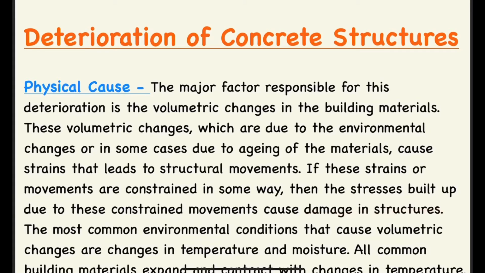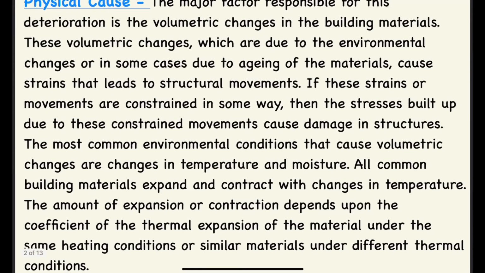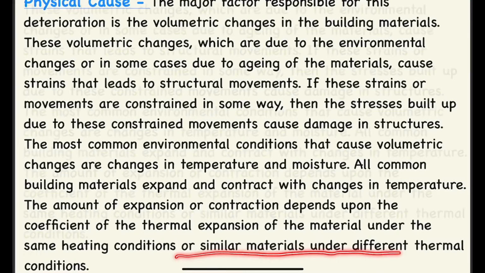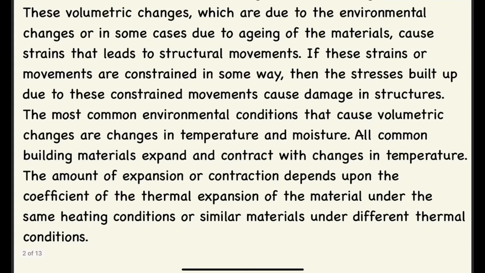And the most common environmental conditions that cause volumetric changes are temperature and moisture. Okay, all common building materials expand and contract depending upon the coefficient of thermal expansion, or similar materials under different thermal conditions. We have seen what are the factors responsible for these volumetric changes: temperature and moisture.